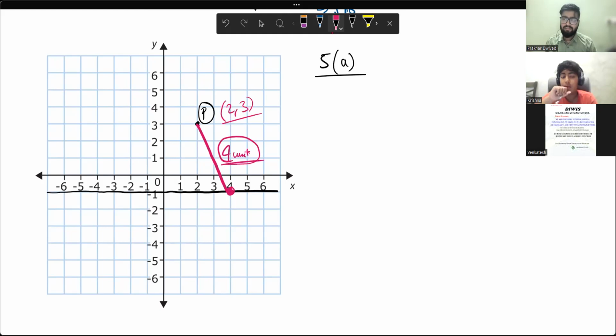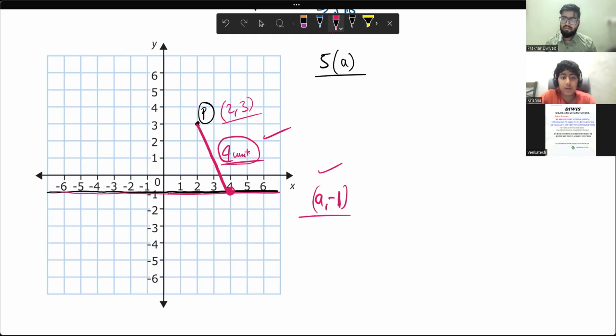And that point should be in the format of A comma minus 1. That means the y-coordinate should be minus 1, so this is a line, and the point should lie on this line. So I'm asking how many points are possible satisfying this and this.